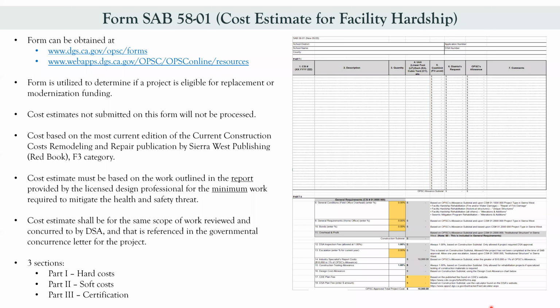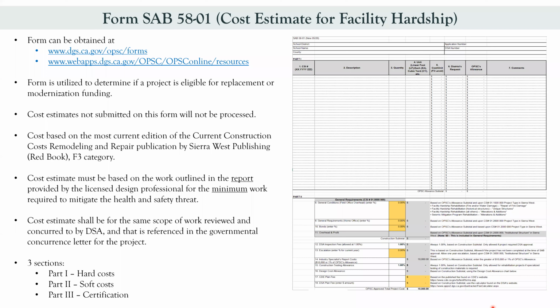Costs must be based on the most current edition of the Current Construction Costs remodeling and repair publication by Sierra West, the red book, and you would utilize category F3. The cost estimate must be based on the work outlined in the report provided by the licensed design professional for the minimum work required to mitigate the health and safety threat.